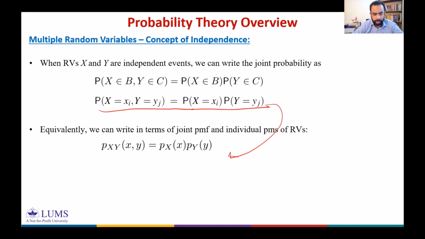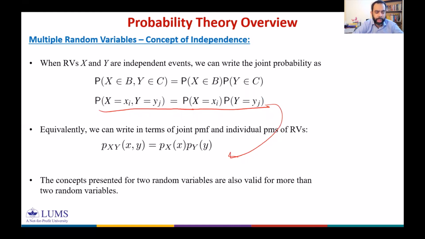Right? And obviously, we have presented this here for two random variables, and we can extend it to multiple random variables. We will extend this when we carry out the naive Bayes assumption in designing a Bayes optimal classifier.